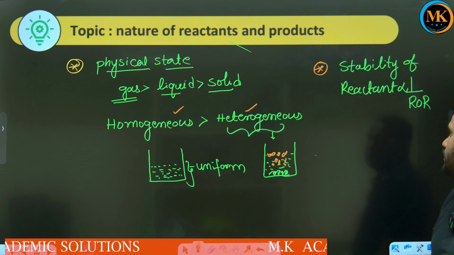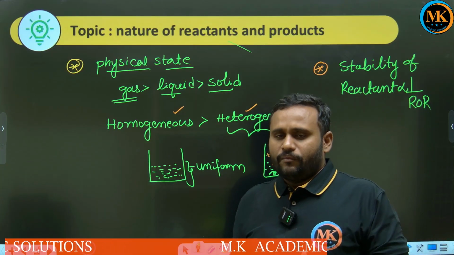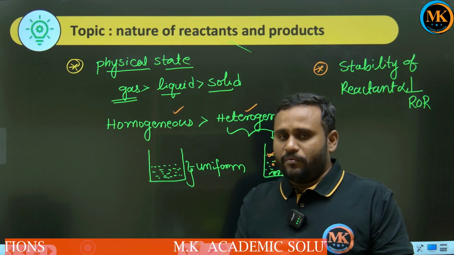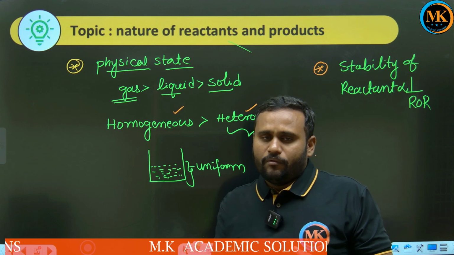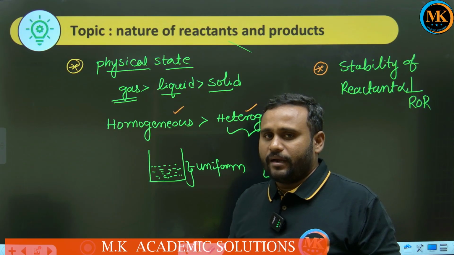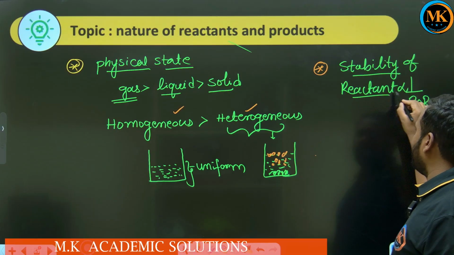That means if the reactant is more stable, it will not convert into product easily. If you want to convert it into product, we need to wait for more time and we need to supply some other factors also. That is why if the reactant is stable, the rate of reaction is less.